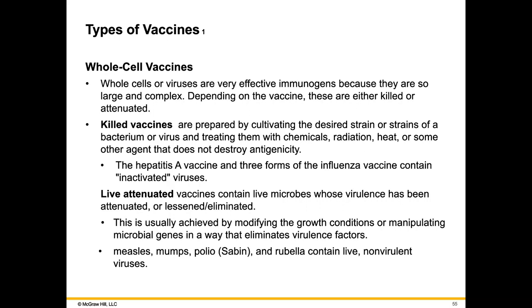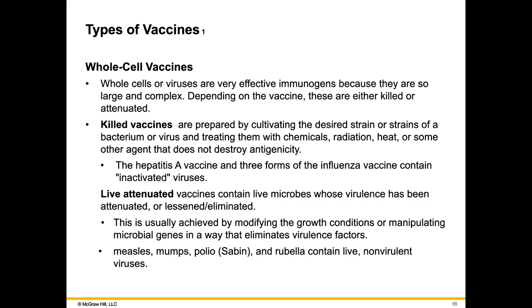All right, so next we have live attenuated vaccines, and these are going to contain microbes where the microbe is still alive, but its virulence has been attenuated, which means lessened. So you're giving the host the microbe that you're interested in, and it's alive, but it doesn't have the ability to make you sick.